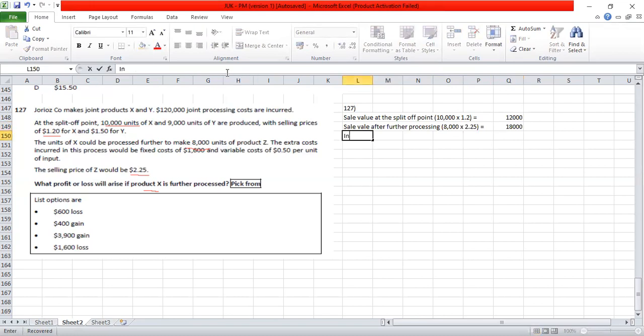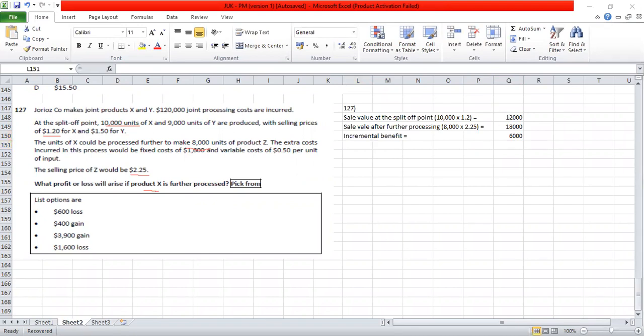So there is an incremental benefit here. Incremental benefit is 6,000. Then this is possible only when they incur the further processing cost.